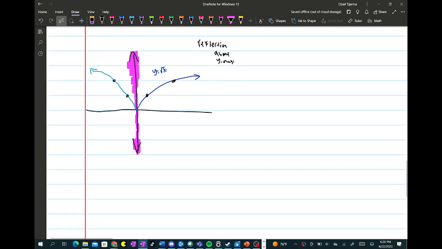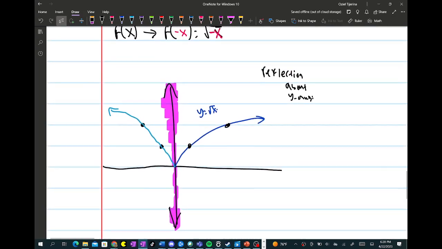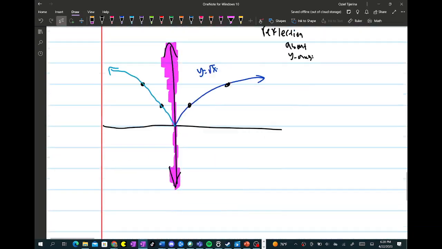When I talk about the reflection about the x-axis, I'm going to use the same example. Hold on.